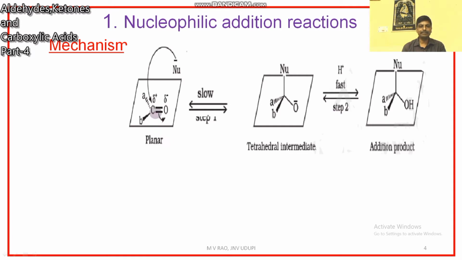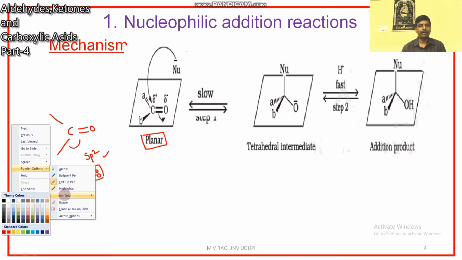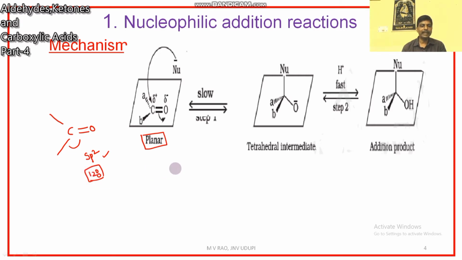Here you can see this is C double bond O with another 2 bonds. It is a planar molecule. The hybridization is sp2, and the bond angle is 120 degrees. Because of this C double bond O, oxygen will get a partial negative charge and carbon will get a partial positive charge.